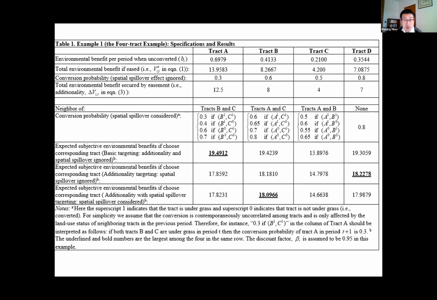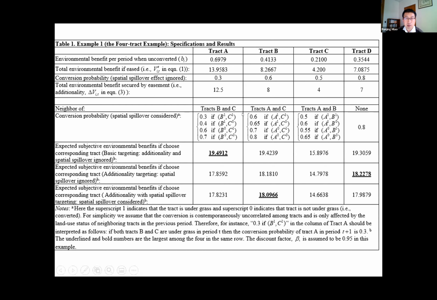And I want to bring your attention to this column, the conversion probability considering spatial spillover. We know in the graph, tract A is a neighbor of tracts B and C. So the conversion probability of parcel A will be determined by the land use status of parcels B and C. Here 0.3 means if both tract B and tract C are under grass, the land conversion probability for tract A is 0.3.